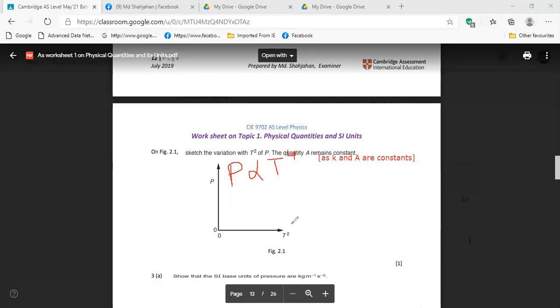Yes sir. But they gave you T square. So you make your equation like that: P directly proportional to T square, then whole square. Can you write this? Sir, I wrote.